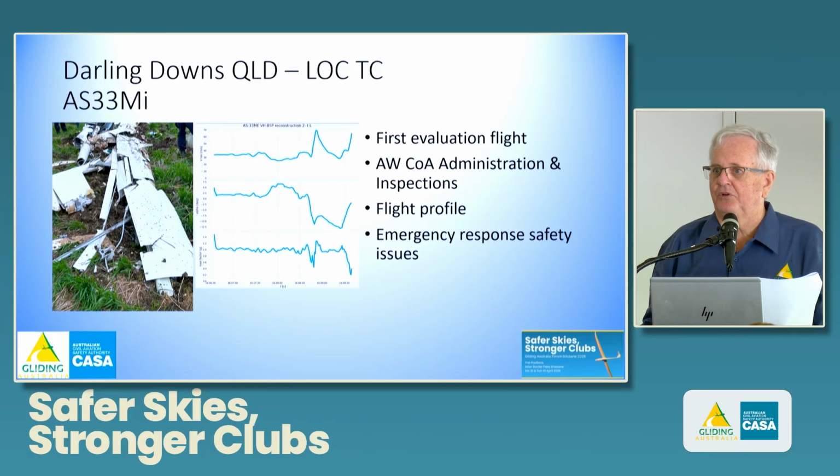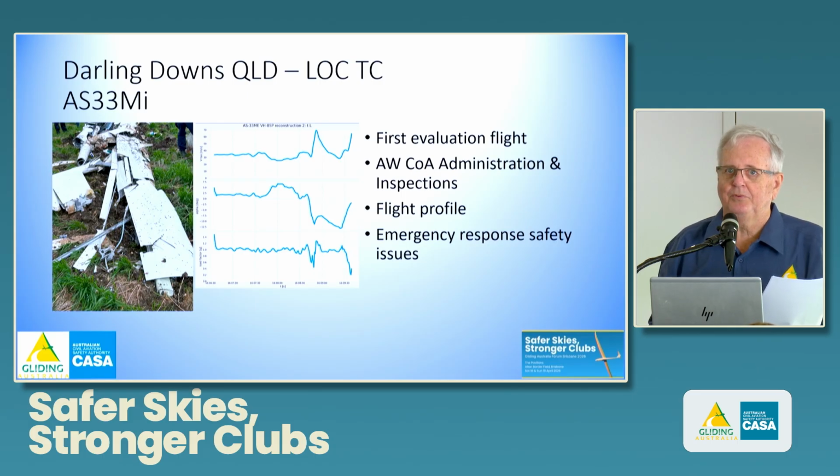There are major organisational issues that we're dealing with here, and some of that is in the emergency response, because we couldn't get to the incident site. There were delays in emergency services and gliding people being able to get to the site because of the concerns about battery safety, and we had to get people back to disable the batteries and make them safe before we could get into this in detail.